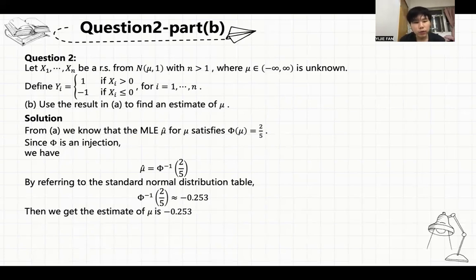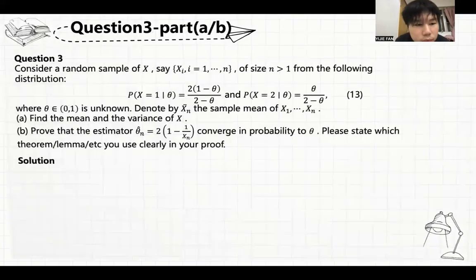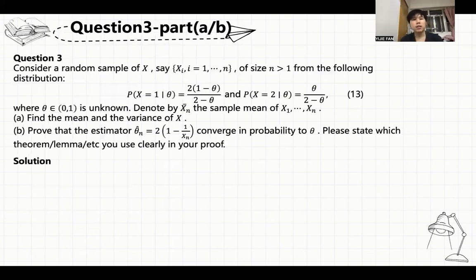And now we refer to the standard normal distribution table. We could get the estimate of mu is minus 253.